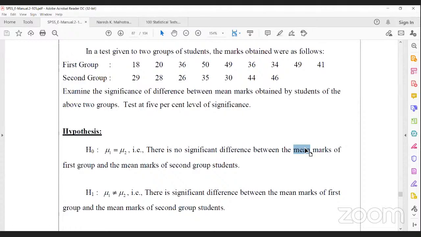More than two groups, mean comparisons. Sir, ANOVA test. Yes, we go to ANOVA for comparing the means of more than two groups.